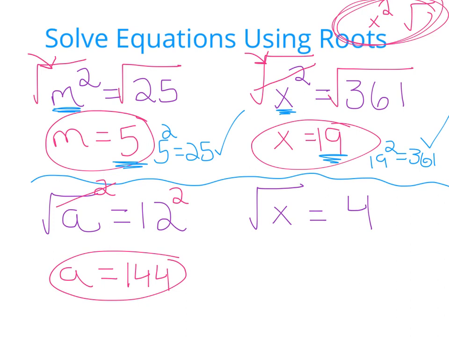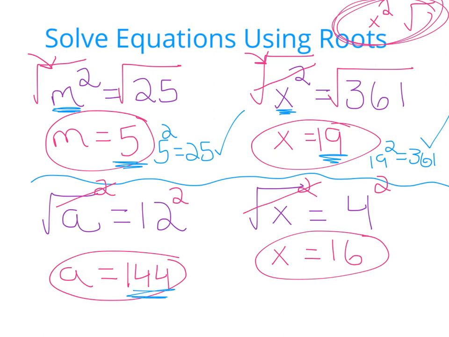All right, so the next one, what number, when you square root it, gives you the answer of 4? If you're not sure, square both sides, cancels that out, leaves you with x equals 4 squared is 16. But let's check our answers. So take your answer, plug it back into your variable, and see if it works.